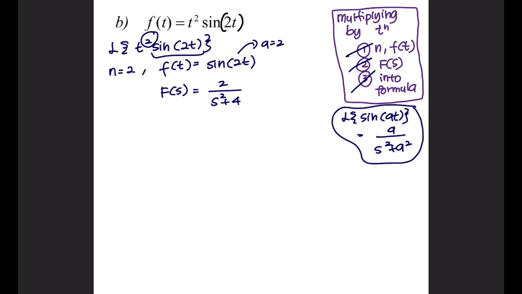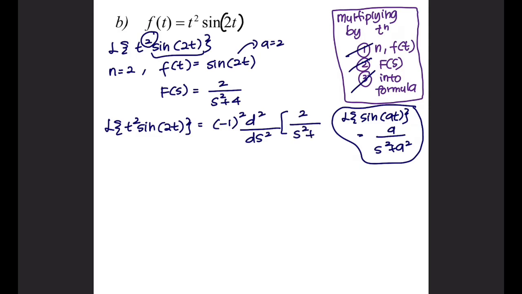So we have the Laplace of t squared sine 2t equal to negative 1 to the power of n, where n is 2, d2 over ds2 of F(s). Then try to simplify. Negative 1 squared is positive.